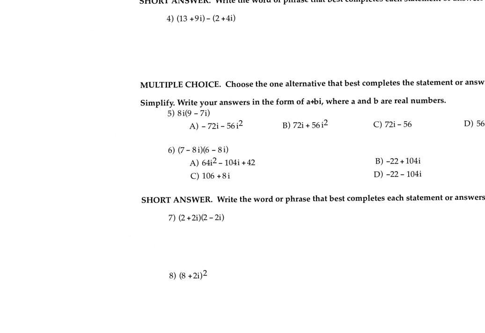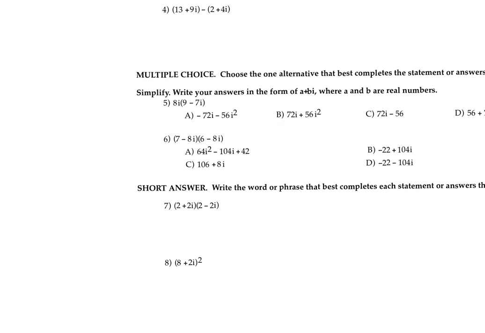Remember ones like number 5 or 6, anything where you're multiplying, we're going to distribute in this case. So we have 72i minus 56i squared. And then you've got to remember that i squared is always -1. We said that is the one thing.